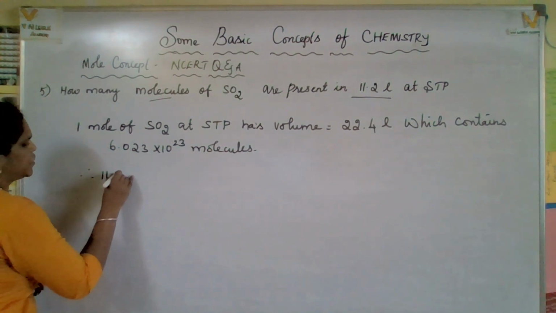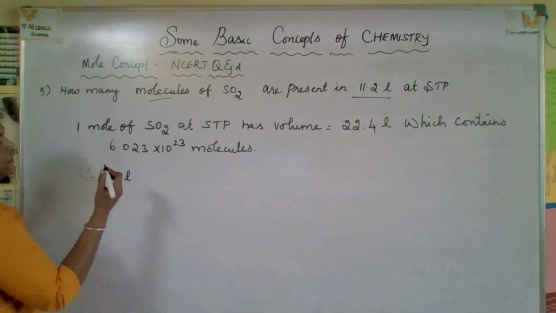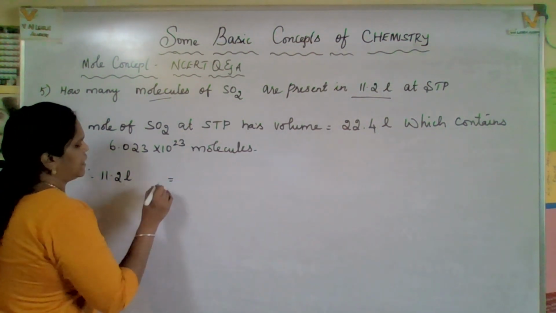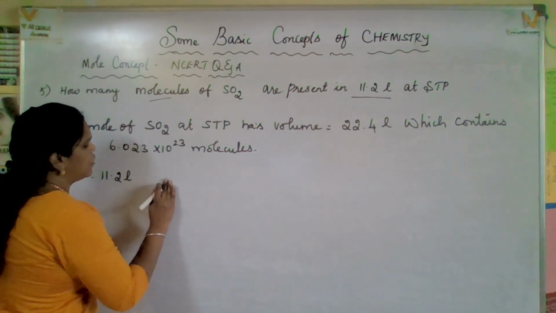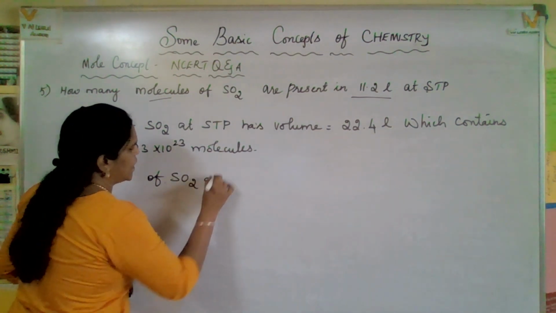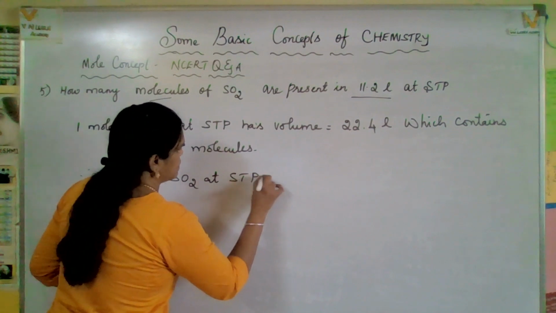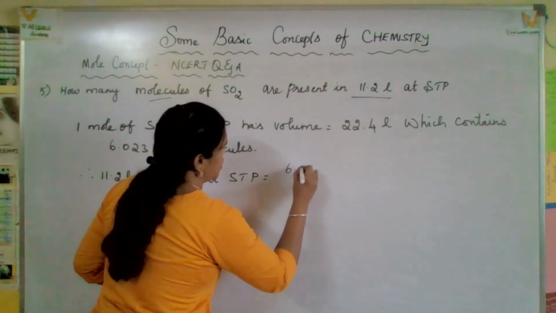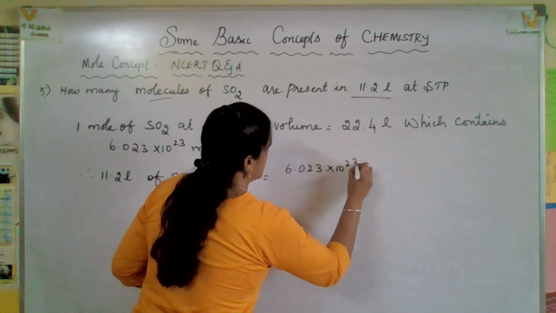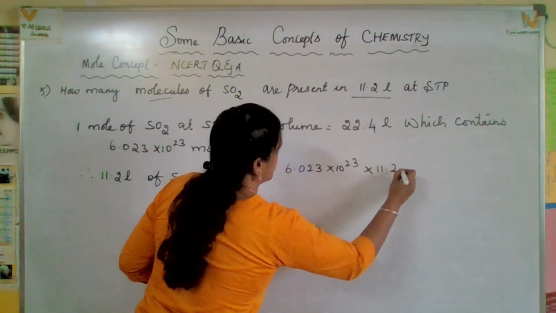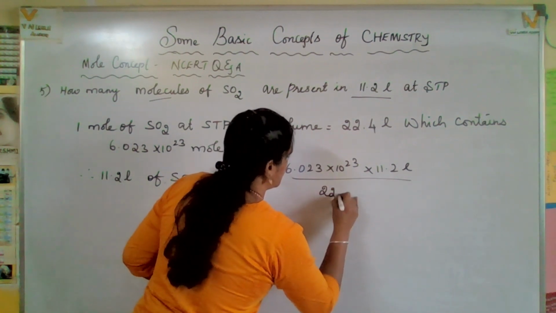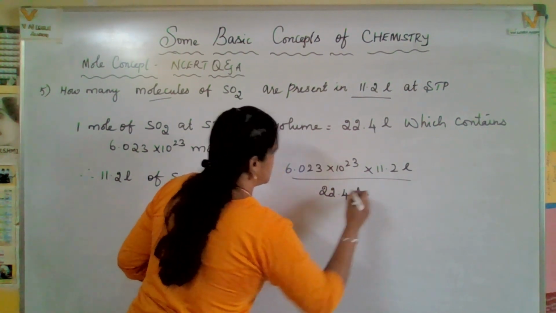Now they have asked about 11.2 liter. Therefore, 11.2 liter of SO2 at STP: 6.023 into 10 to the power of 23 into 11.2 liter divided by 22.4 liter.